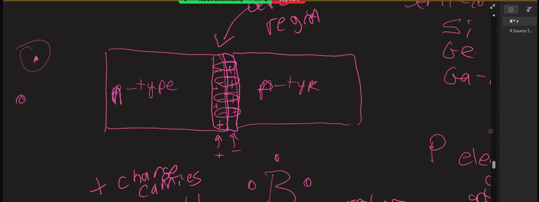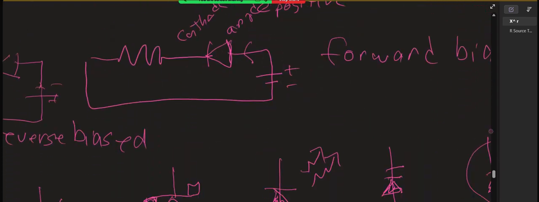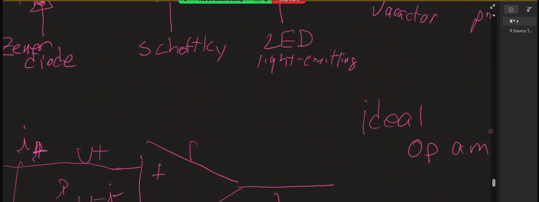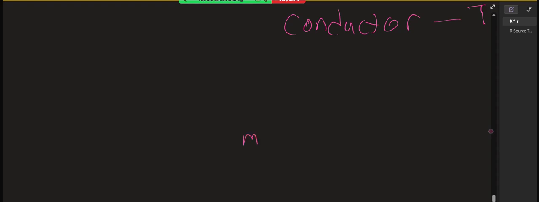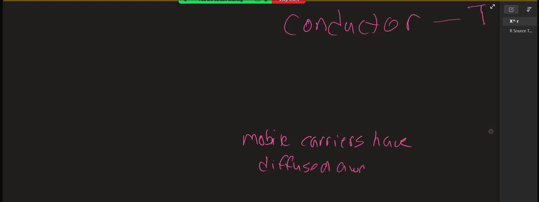Describe the role of the depletion region in a p-n junction. It's where mobile carriers have diffused away, leaving behind charged ions.